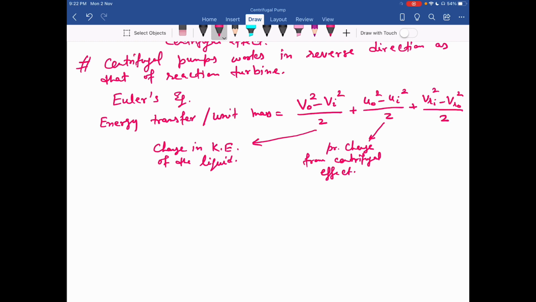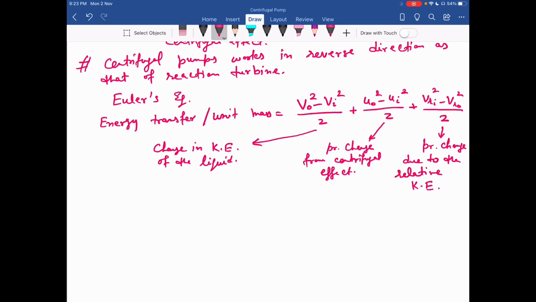And the third term represents the static pressure change due to relative kinetic energy.